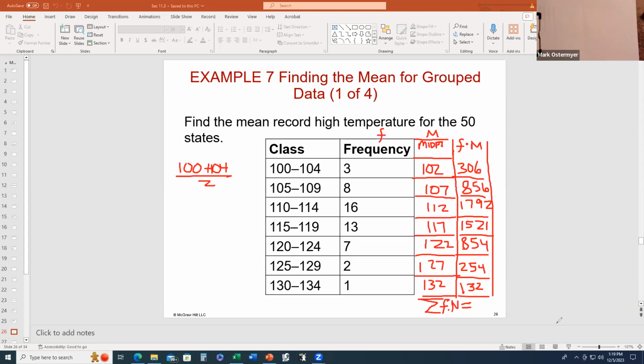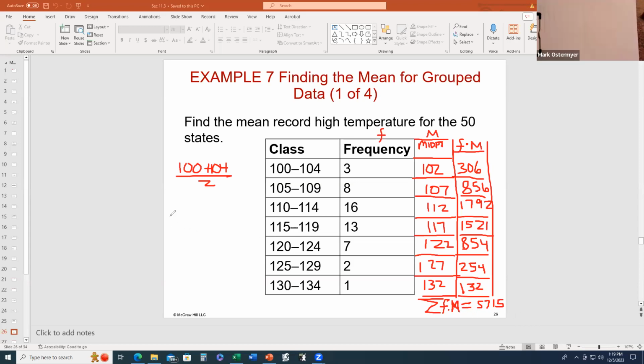That gives us a sum of 5,715. So you add up just the last column only. This should be frequency times M, the midpoint.